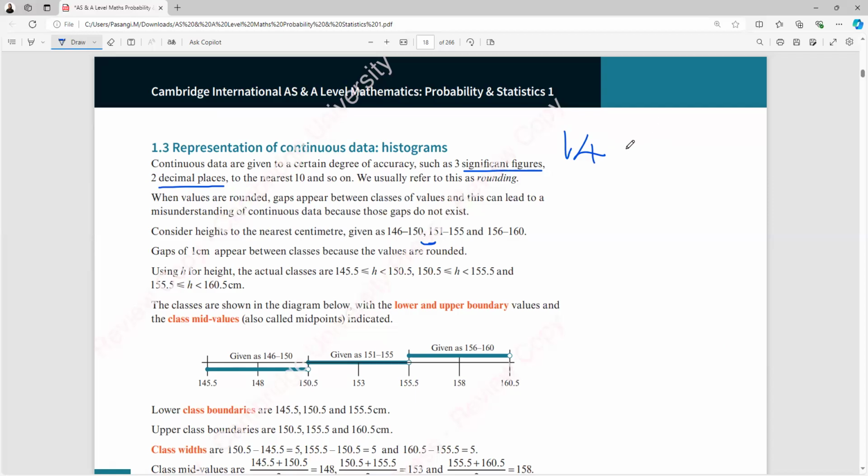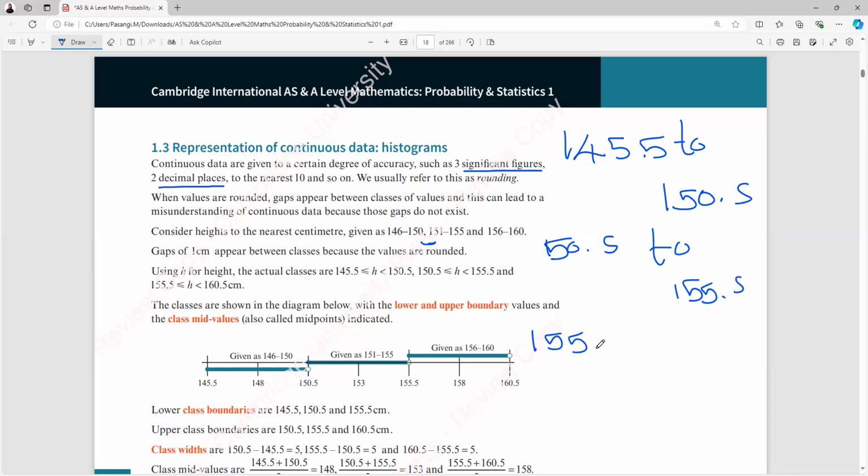That means 145.5 to 150.5. Then the next one will start from 150.5 to 155.5. Then the next one is 155.5 to 160.5. That's how we normally find it.